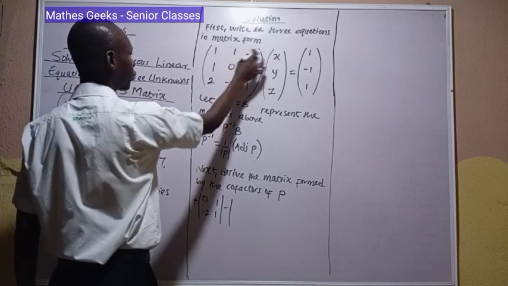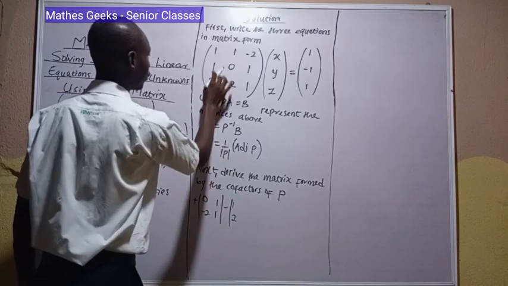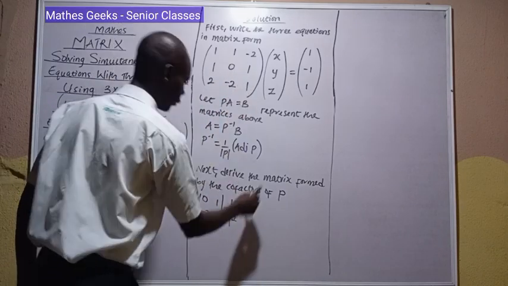Minus, first row, second column, with 1, 1, 2, 1.